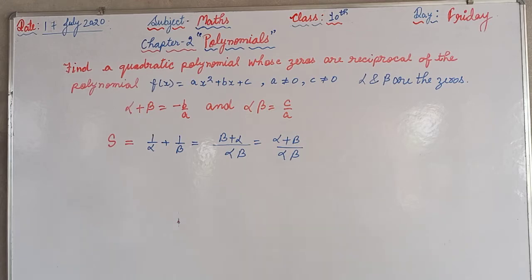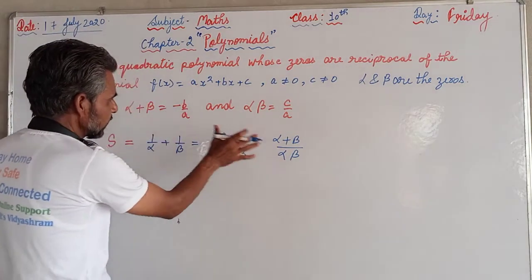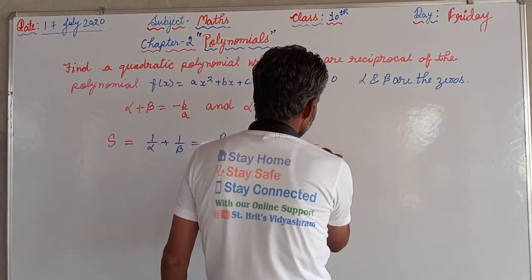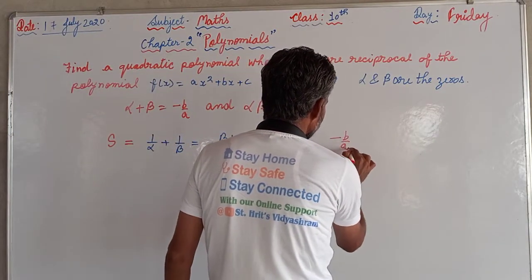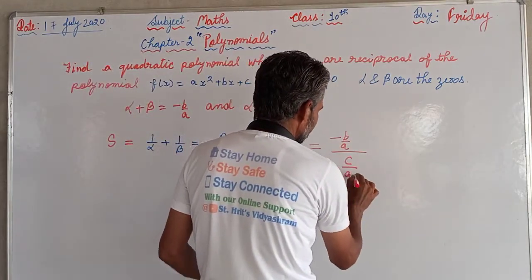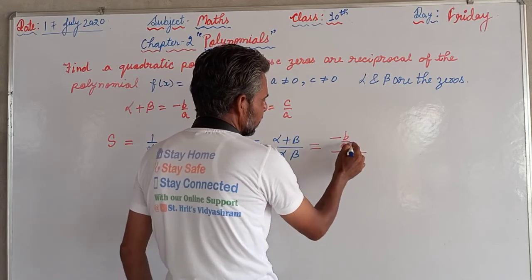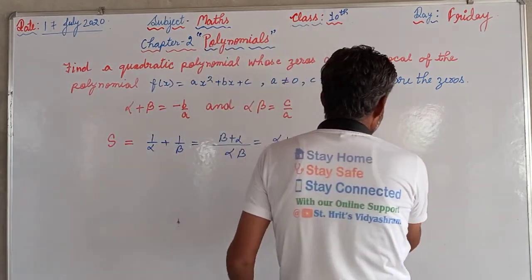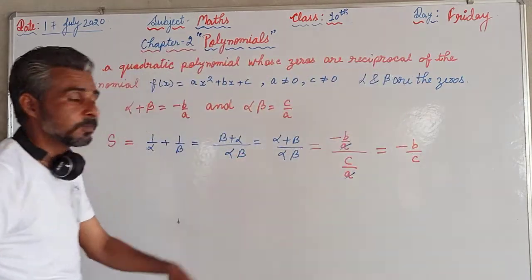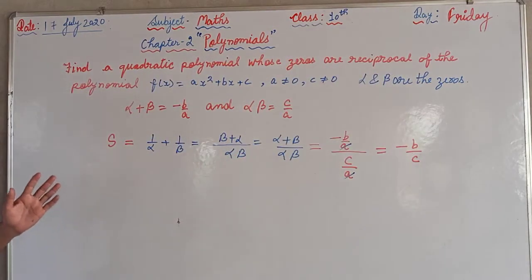Now we can see clearly alpha plus beta is minus b upon a, and minus b upon a divided by alpha beta, that is c upon a. A cancels out with a, and we are left with minus b upon c. So minus b upon c will be the sum of the zeros of the new polynomial to be constructed.